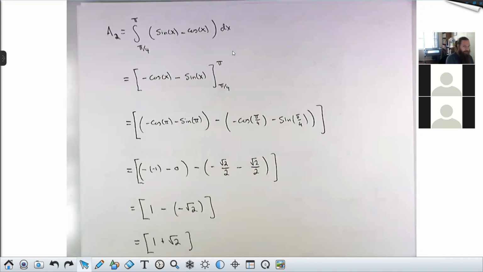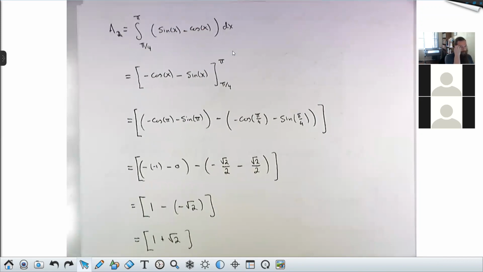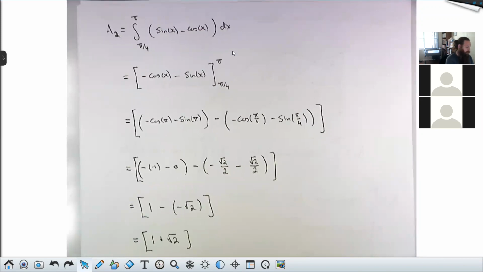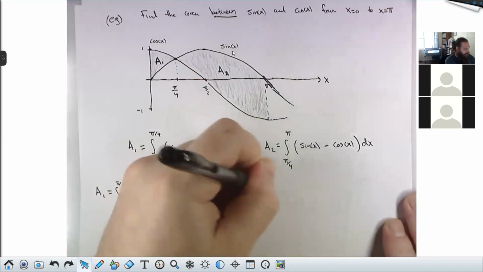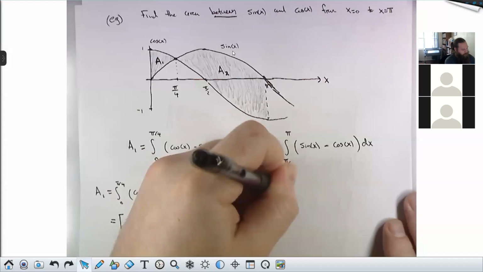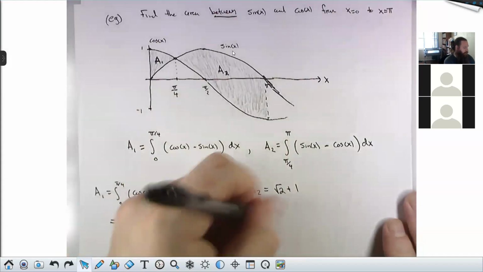So if we put these together, we'll get that total area. A1 is the square root of 2 minus 1. A2 is the square root of 2 plus 1.